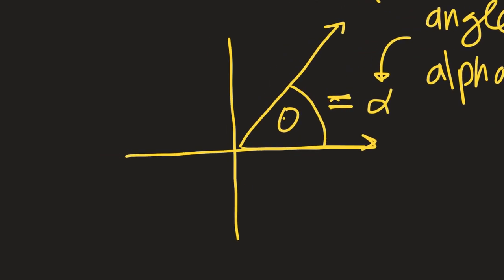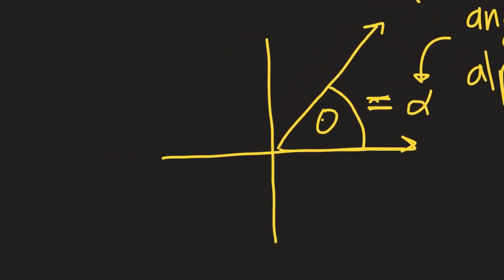Now, as we move around the circle, maybe we do a 100-degree angle, and hopefully you know that 100 degrees is a little bit more than 90. Here is my starting side, that's 0, and then I would come up to about 100 degrees. The reference angle in this case is the one that takes us back to the x-axis.